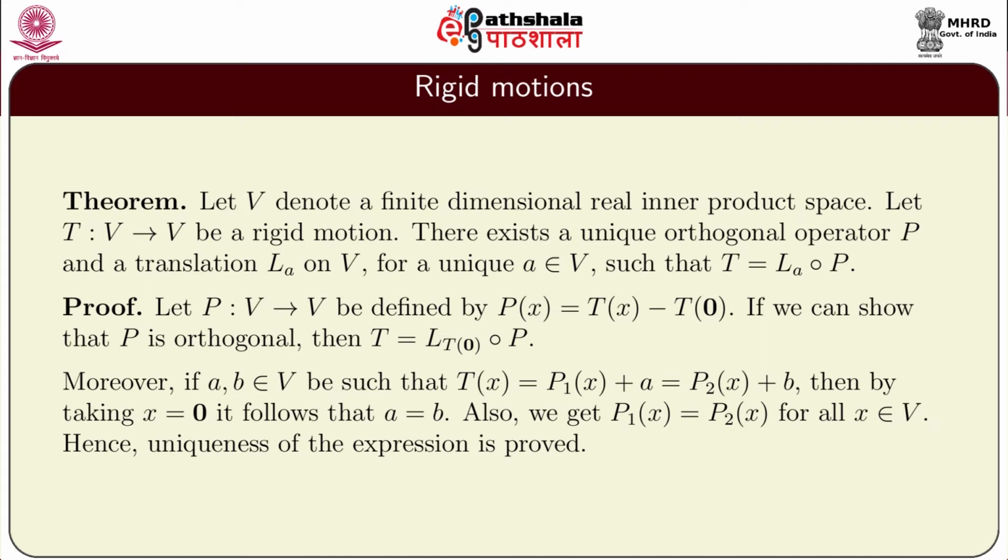If we can show that P is orthogonal, then we have proved that T is equal to T_{T0} composition P. And what is T_{T0}? That means the translation map from V to V, and it is translating by T0.